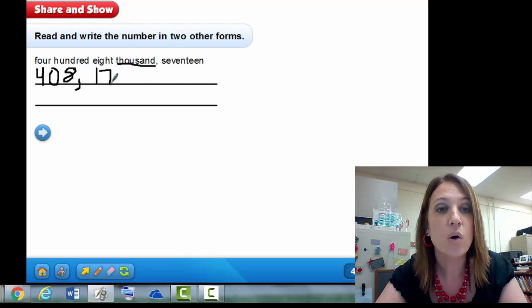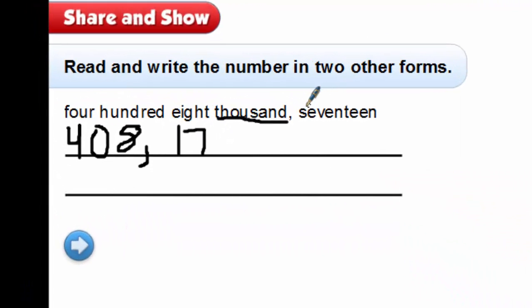I have a 7 in the ones and a 1 in the tens because that's 17, but I don't have anything in the hundreds place. So if I don't have anything there, what do I put there as a placeholder? Oh, that's right, a 0 to hold that place. I forgot. Oh my goodness, boys and girls, thank you so much for correcting me. Now that looks better. There are always 3 places in the ones period if the number is greater than 1,000.